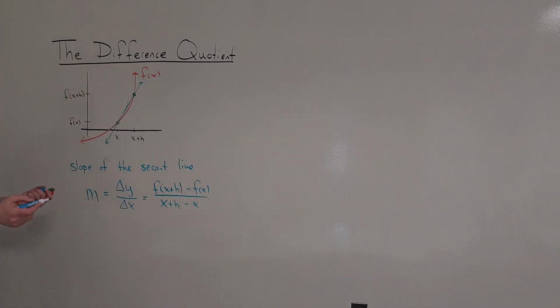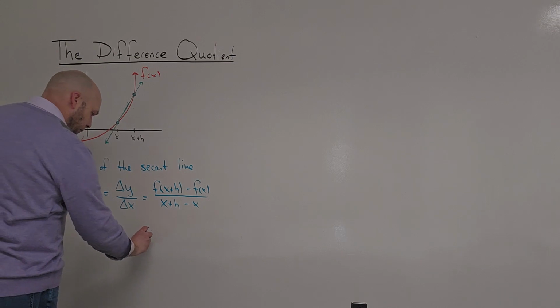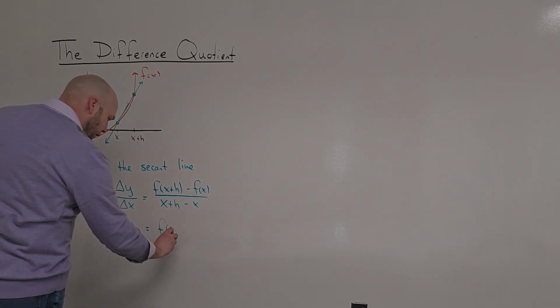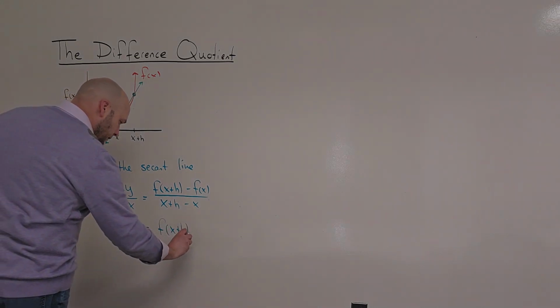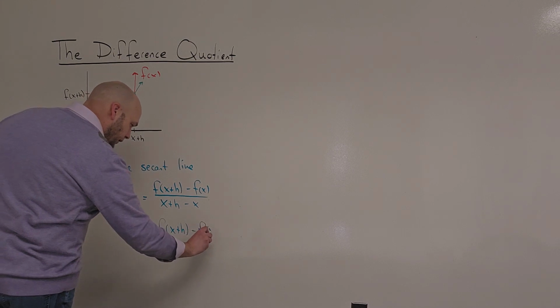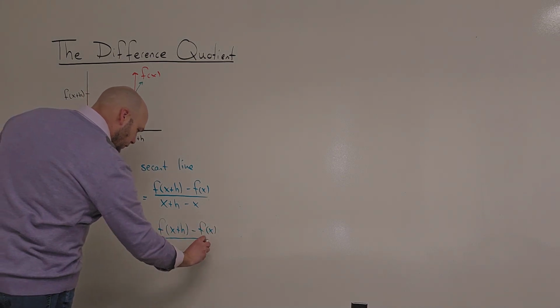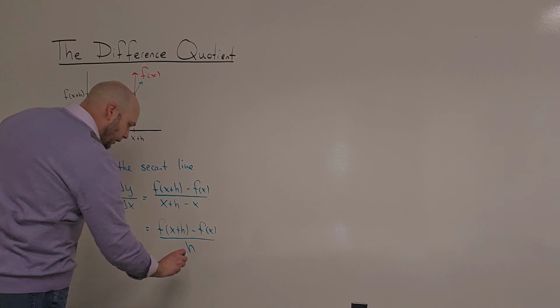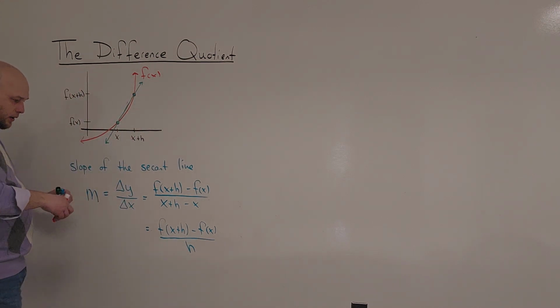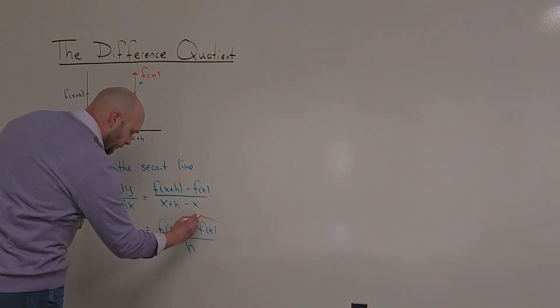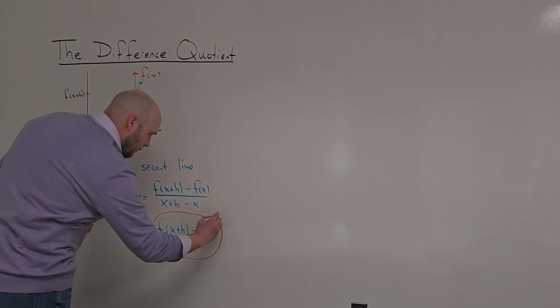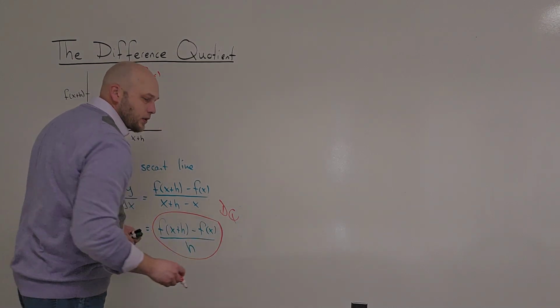And in that denominator, the x's cancel, giving me f of x plus h minus f of x all over h. And this expression right here is the difference quotient.